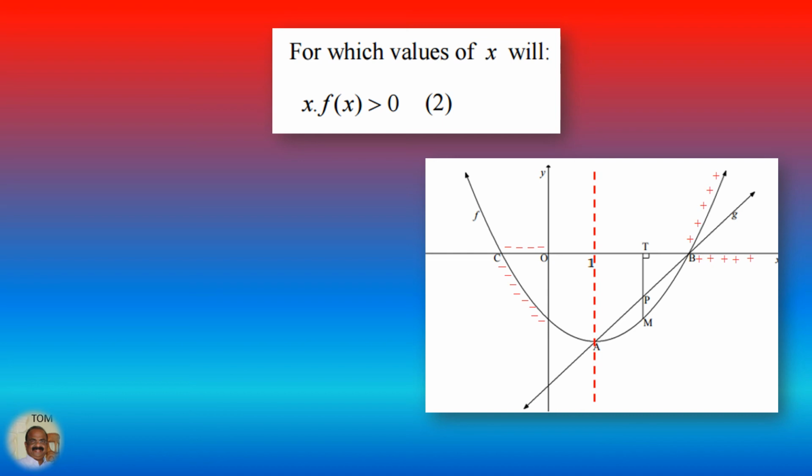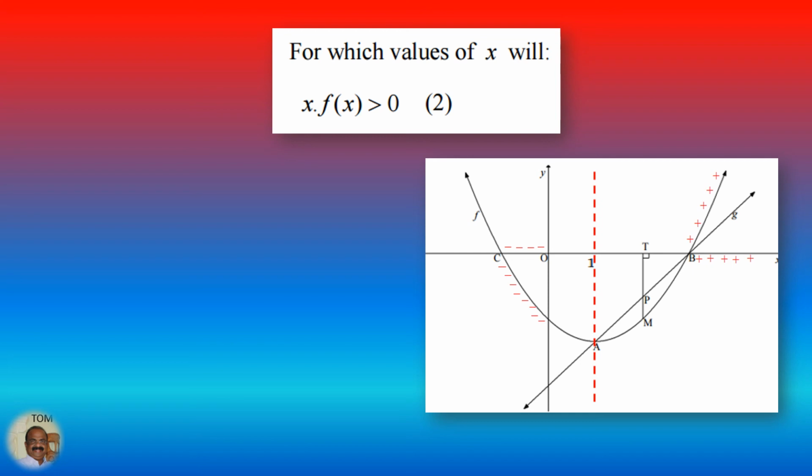Negative times negative. But when we come to the other one, if you cross 0 and move to the right side, the x values are positive. Positive times negative is not going to be greater than 0. So we skip that.